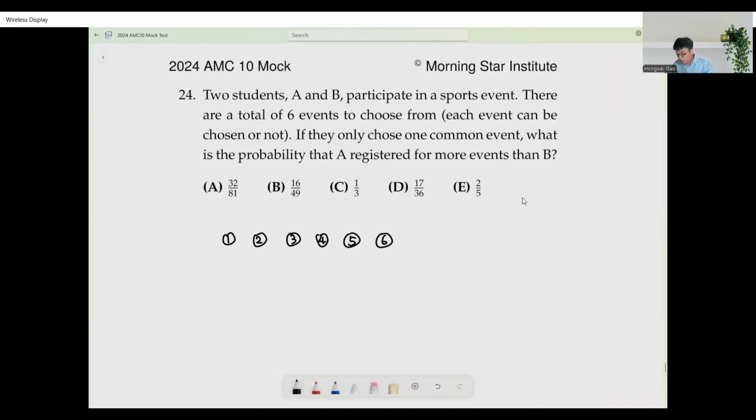So here we'll notice that the probability of the number of events A registered being bigger than the number of events B registered is equivalent to the opposite case, the number of A being less than the number of B. We have this symmetry.